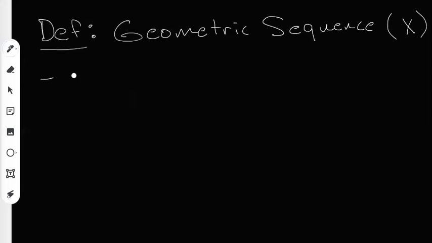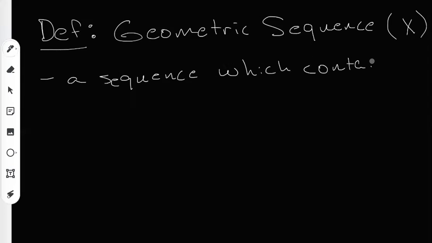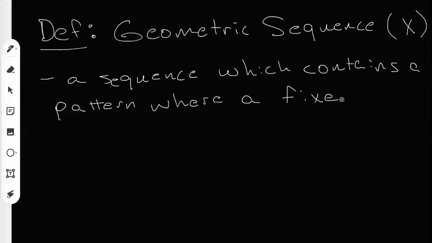So a geometric sequence is a sequence which contains a pattern where a fixed amount, and this fixed amount, we're not going to call it d, we're going to call it r.